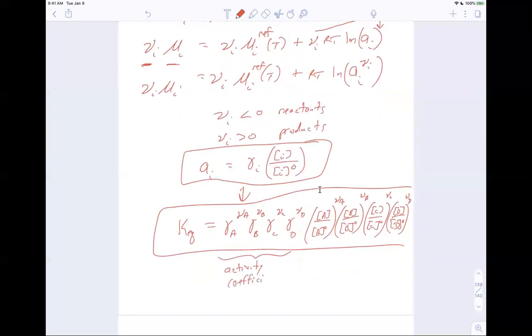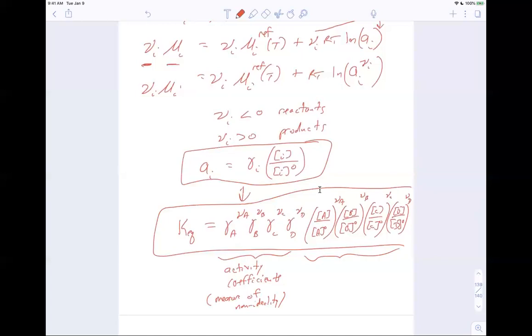Again, these activity coefficients are a measure of non-ideality. And then this product of concentrations raised to the stoichiometric coefficients. In this case, these stoichiometric coefficients are not absolute values. They are the true ones, so they can be positive or negative.